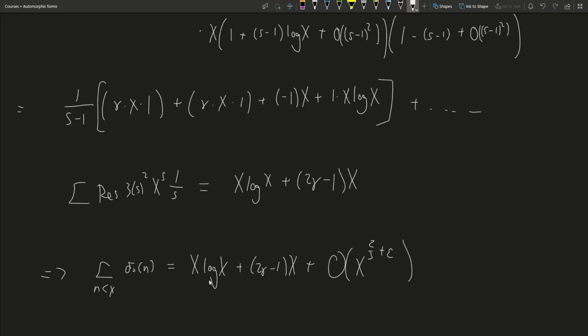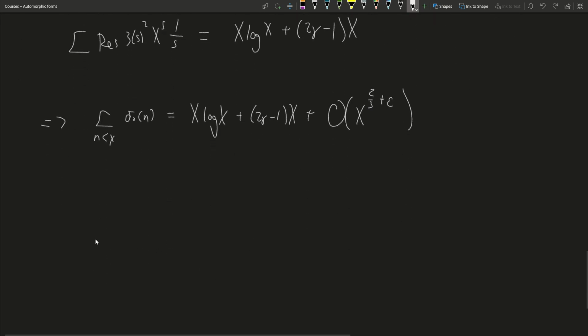And we can see that this behavior is also different from what we got when we had a Dirichlet character.